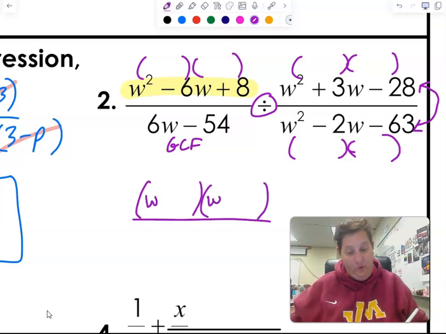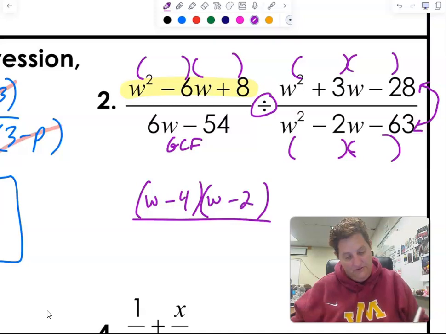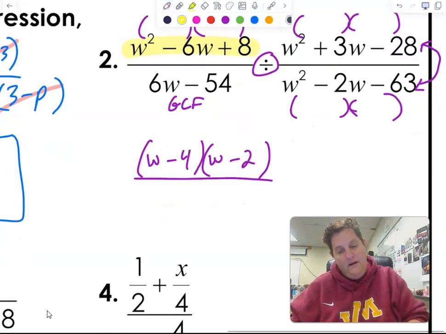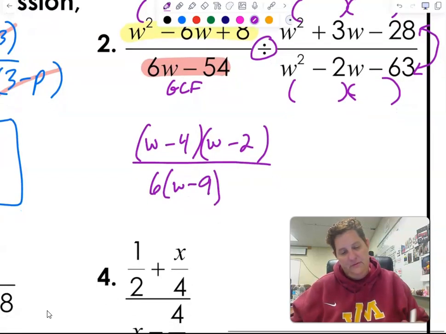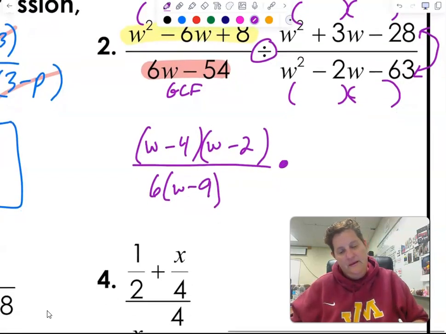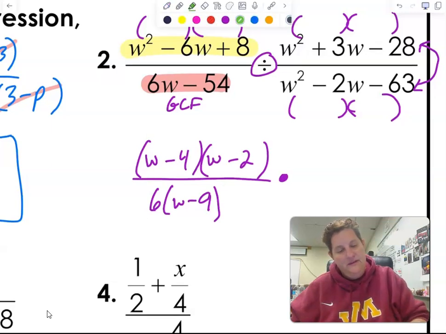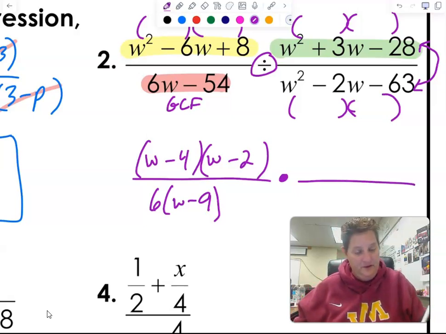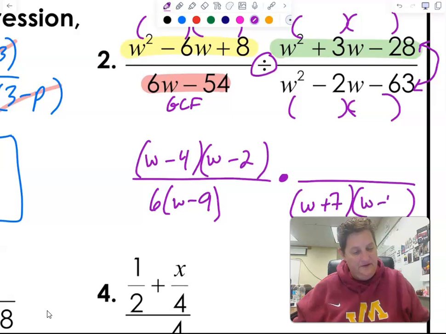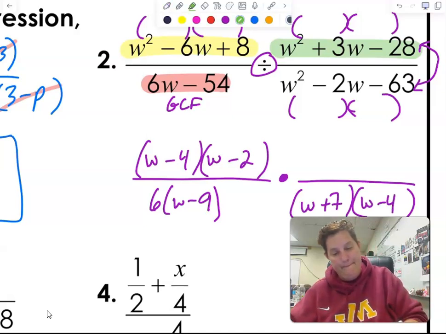Multiply to make 8, 4 and 2, minus 4 minus 2. Alright, if I'm going to factor this one, I'm going to do a GCF of 6. So you got 6w minus 9. Now, what I'm going to do is this, but I'm going to put it on the bottom, because I'm flipping it. So 28 and 3 is w plus 7, w minus 4. Okay, and then last I'm going to do this.